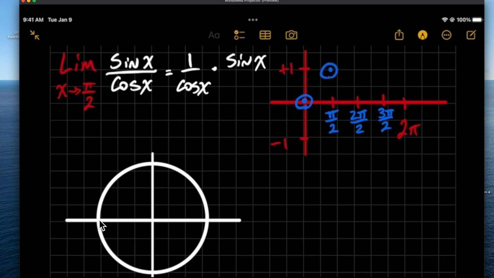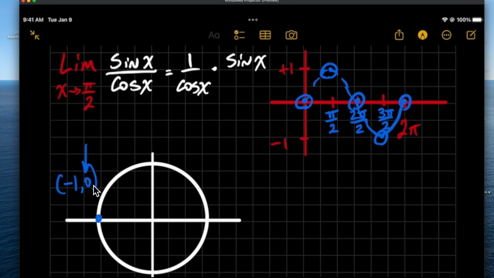When you go to pi, again, the y value drops down to 0, because this point right here is going to be -1 comma 0. That's the y value of that coordinate, and the y value at that coordinate corresponds to the sine of the input angle. So this input angle is pi, the sine of pi is going to be 0, and marching along, we're going to have this graph.